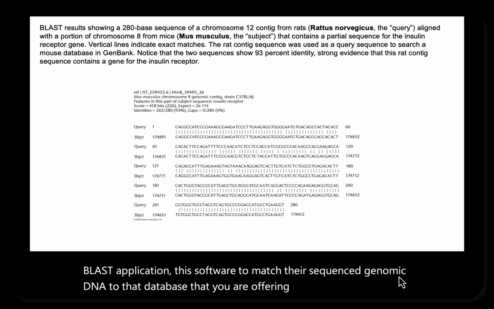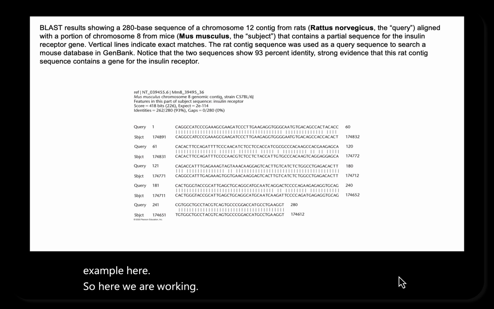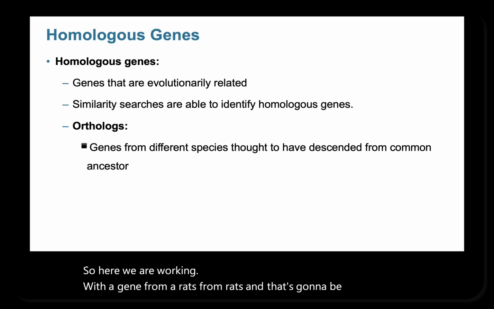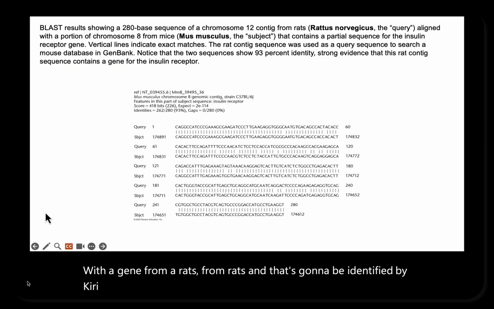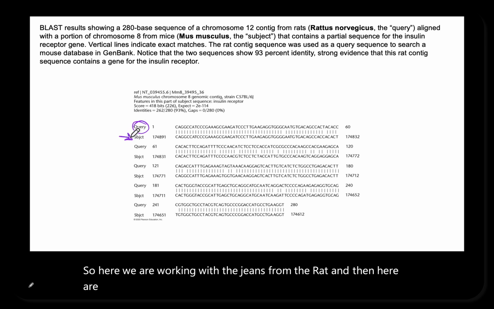Okay, so let's look at one example here. Here we are working with the genes from the rat, and then here are the genes from a mouse.